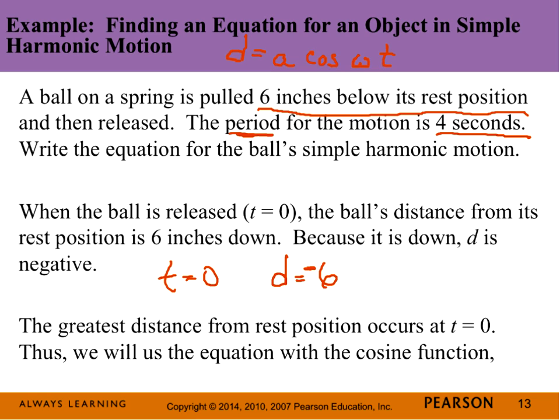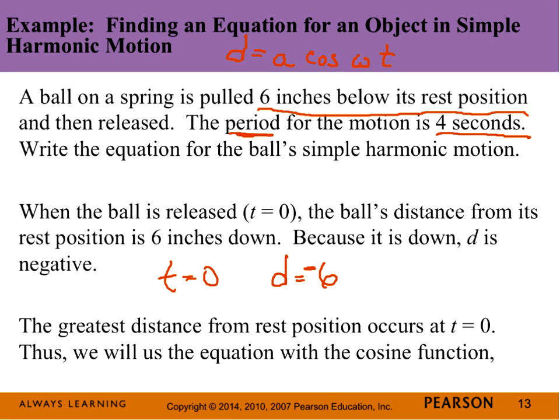And actually the D is -6 since it's below the rest position. But when we find amplitude, we take the absolute value, so that's why your amplitude is always a positive value, because we're talking about a quantity, not a direction once we talk about amplitude. But the D is -6 since it's pulled below the rest position.